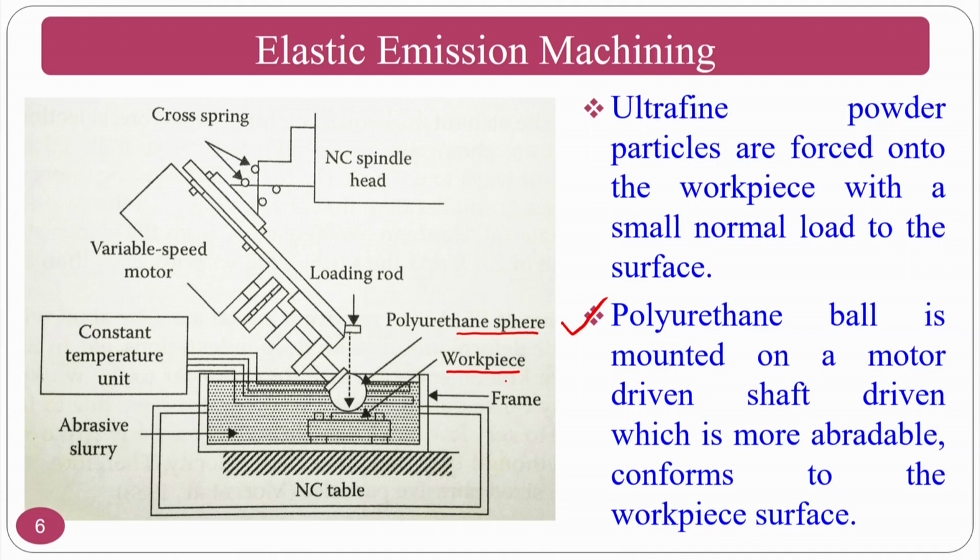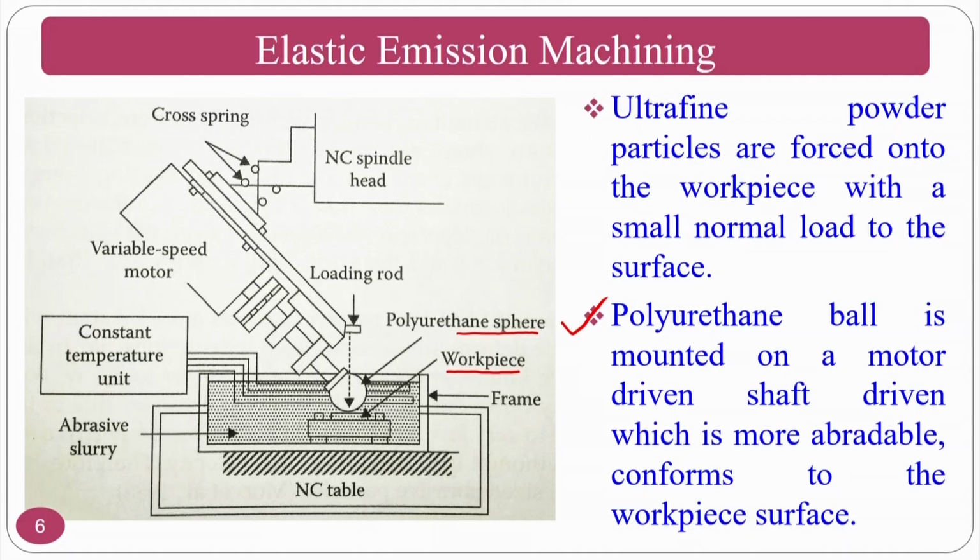This is flooded with abrasive particles, which are very fine in nature, along with water or any other fluid. Okay. What will happen is, you have a loading rod, so you can put the normal load, whatever load is required. At the same time, you have to make sure that the spherical ball or the polyurethane sphere should not touch the workpiece.